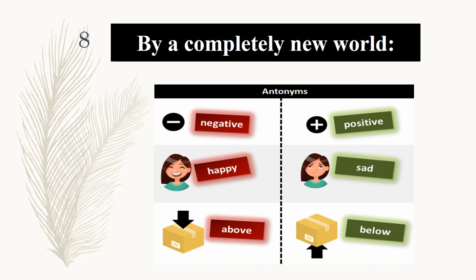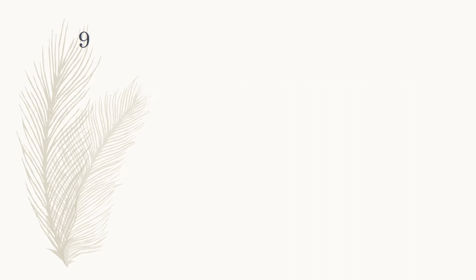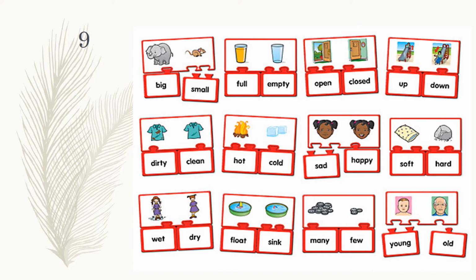You have learned antonyms are mainly formed by adding a prefix to the given word, or by changing the suffix, and lastly by a completely new word, like negative, positive, happy, sad, above, below. Okay, now you can see some more examples for antonyms.